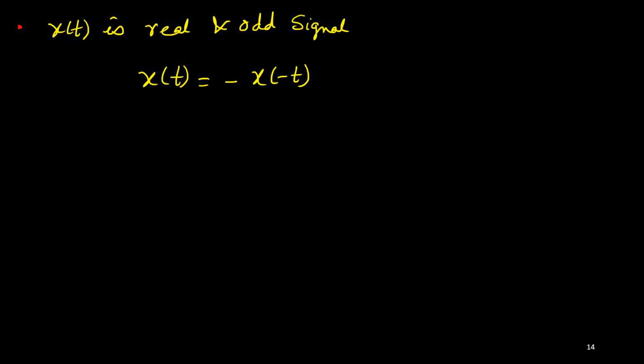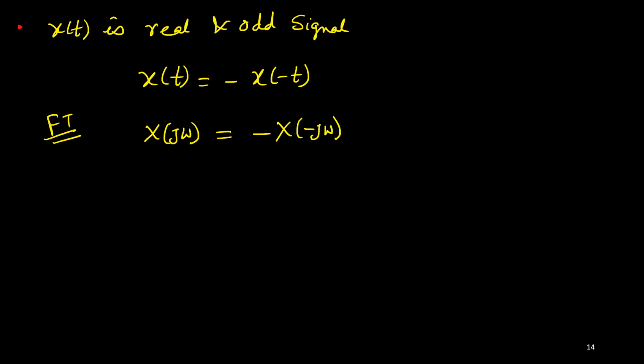Now if I take Fourier transform both sides, then what you'll get? This will give X of j omega, and this will give minus, and time reversal is capital X of minus j omega.